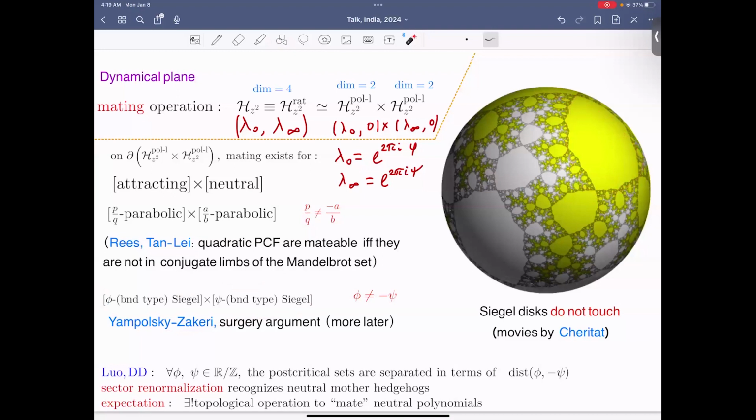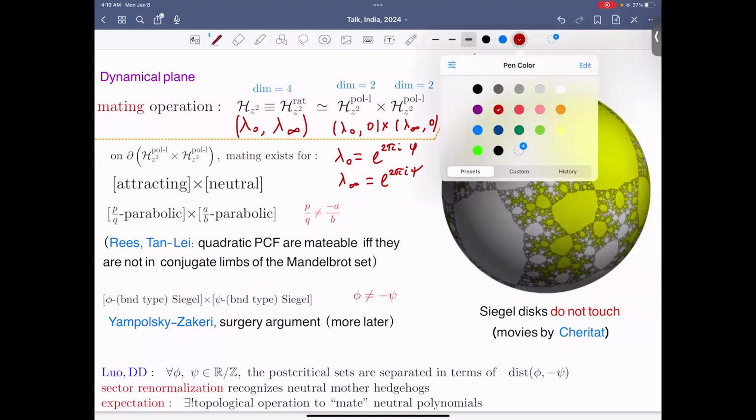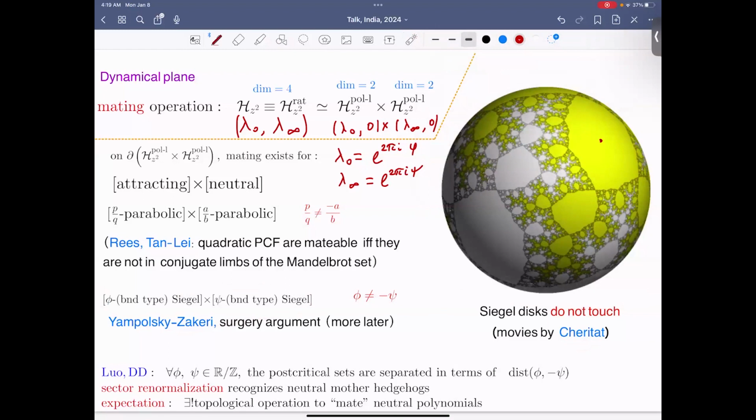Kind of, and this is from a movie by Arnaud Chéritat. He has many movies, and in particular one of them is about mating of Siegel polynomials. We can assume that this is 0 and this is infinity, so these would be Siegel disks.